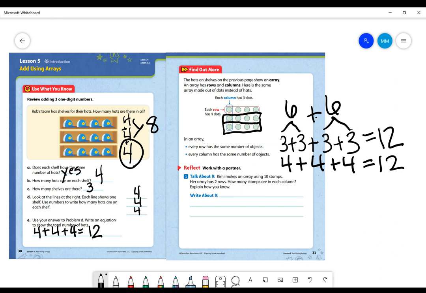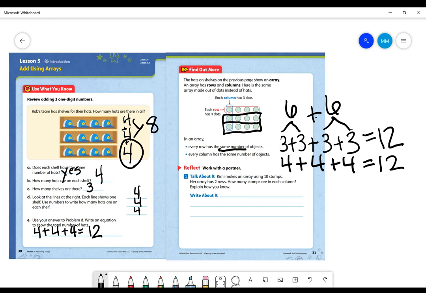So I'm already putting a picture in my head. If she has 10 stamps, that means each row is going to have the same number as the top row and the bottom row. So I'm going to split 10 into 2 equal groups. So I wonder if there's a doubles fact that I can make 10.